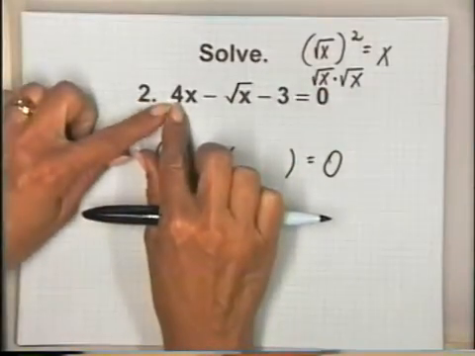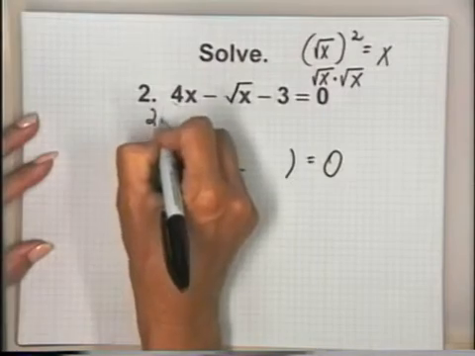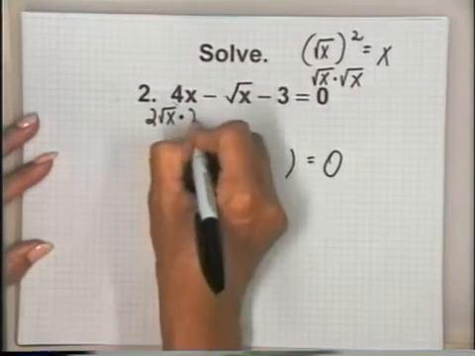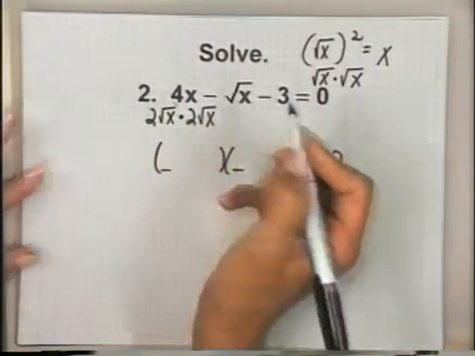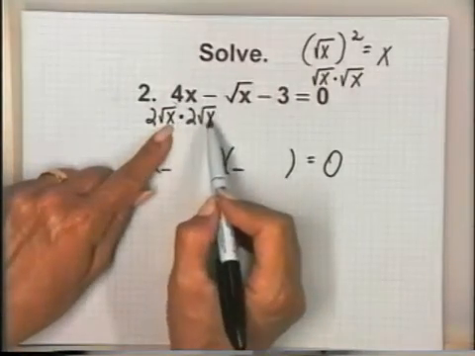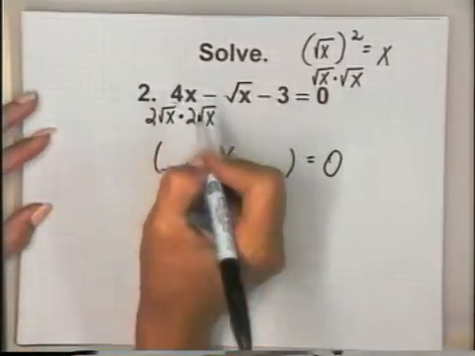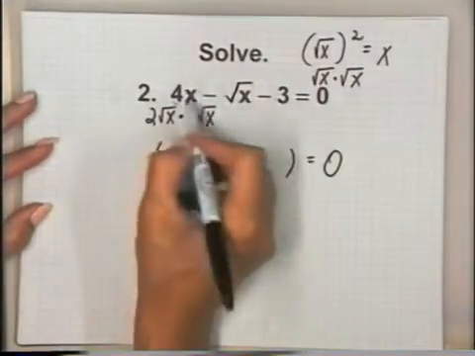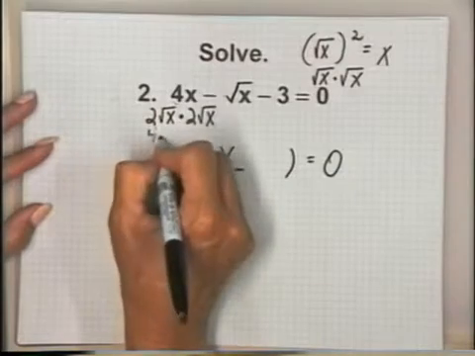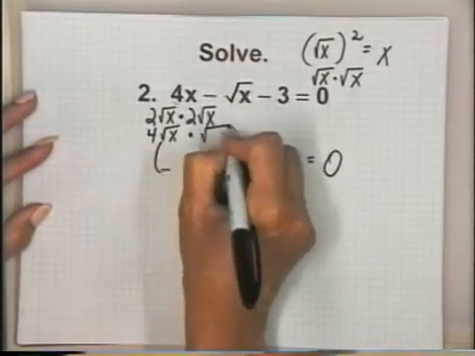So now the question is, how do we factor 4? Well, we could say 2 times the square root of x times 2 times the square root of x, couldn't we? 2 times 2 will give us 4, and the square root of x times the square root of x gives us the x. The other way that we could factor this 4x would be to say 4 times the square root of x times the square root of x.